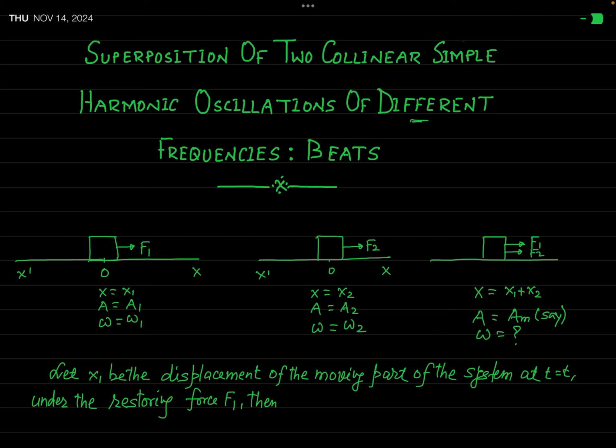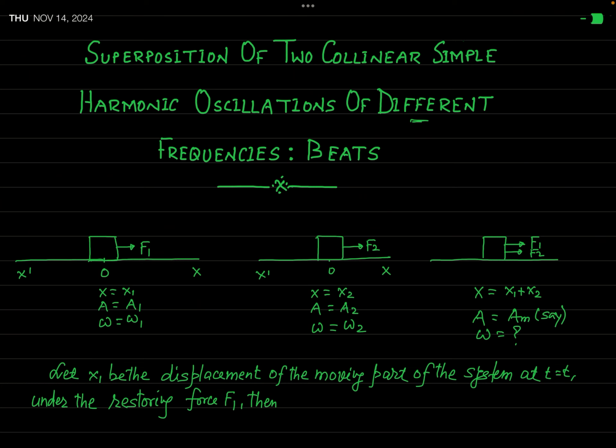In fact, you will see that when the superposed oscillations have frequencies slightly different from one another, then beats occur. If the frequencies of the superposing oscillations are very different, their difference is large, then beats cannot take place.